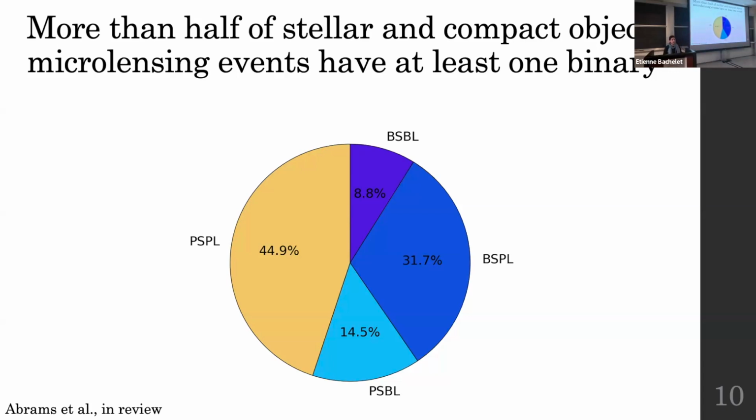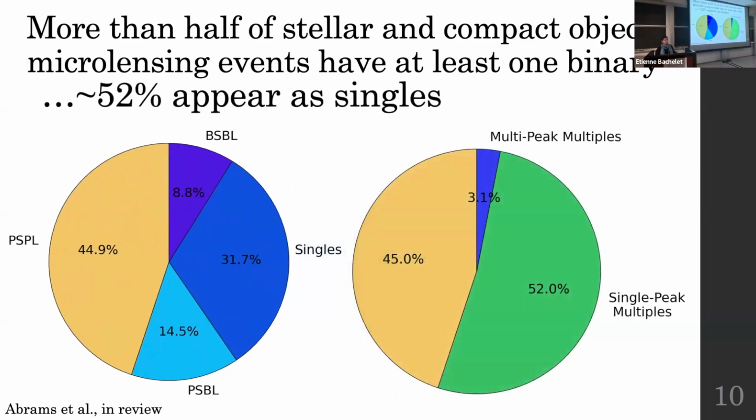The next obvious question is what fraction of these can potentially masquerade as point source, point lens events? And so we'll do that on the first order by looking at what fraction of the events are single peaked. And we see that about 52% can potentially appear as singles.